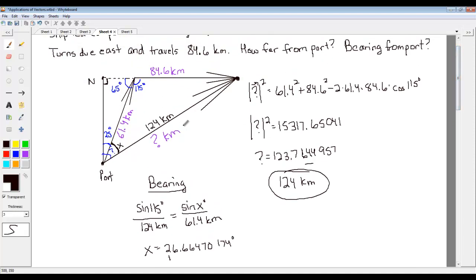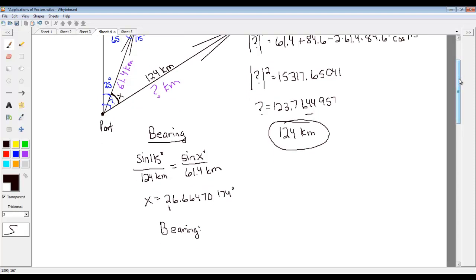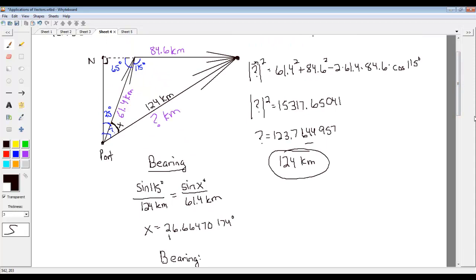Wait a second. Sorry, I have a really bad labeling here. If I call that x, this is like y.